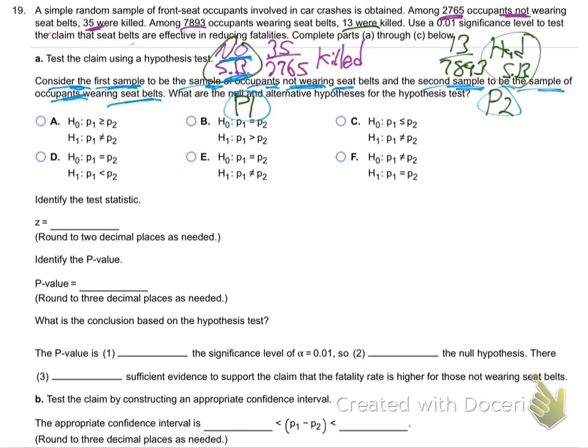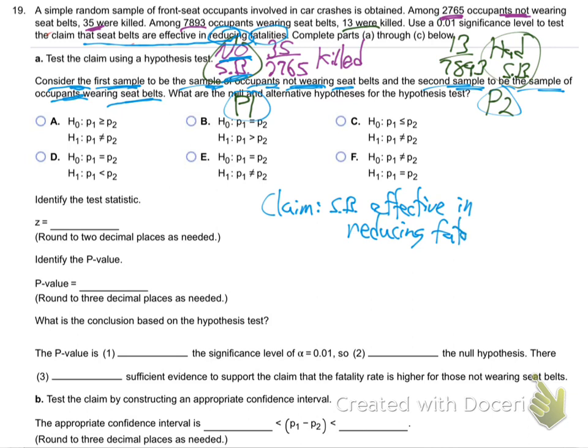And so now what does it mean? The claim is what? Seatbelts are effective in reducing fatalities. Reducing, that means P1. Now wait, what's P1?